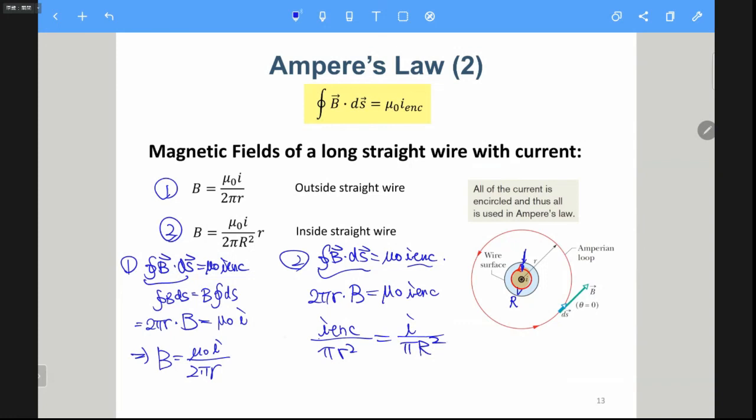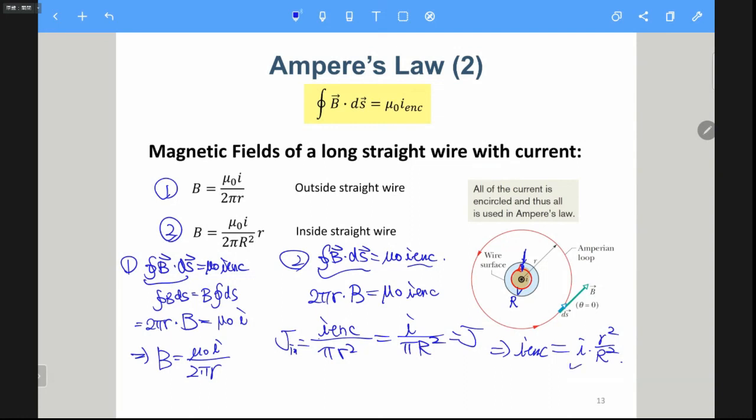So this is J for the inner part equals the J for the whole wire. Okay, so pi and pi can be cancelled. We will have I enclosed equals I times small r square over capital R square.